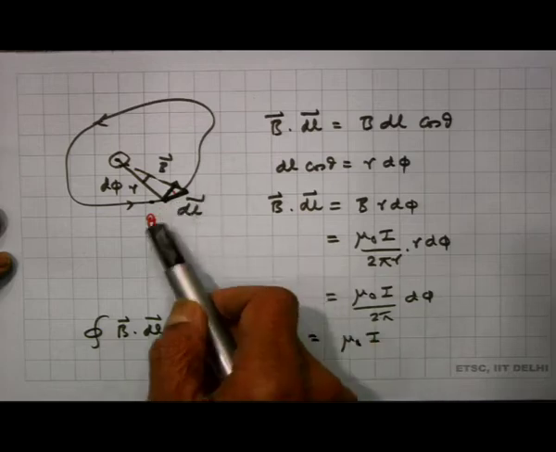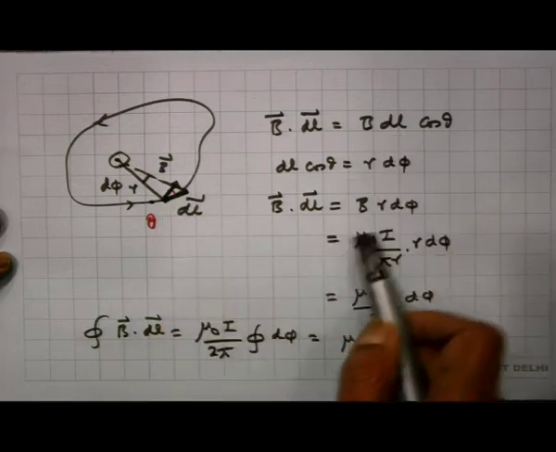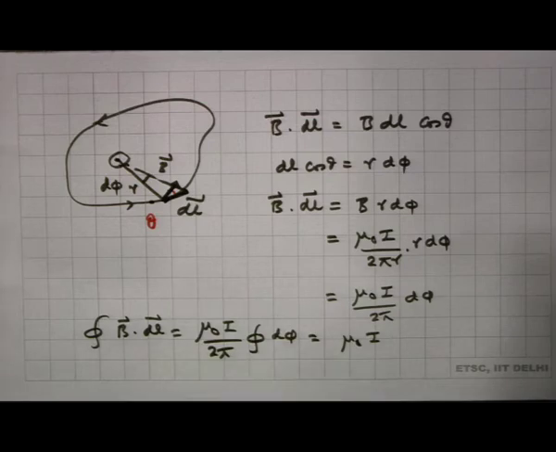So, although B and dl are not parallel to each other, B dot dl happens to be B r d phi, and when I integrate I just get mu naught I.